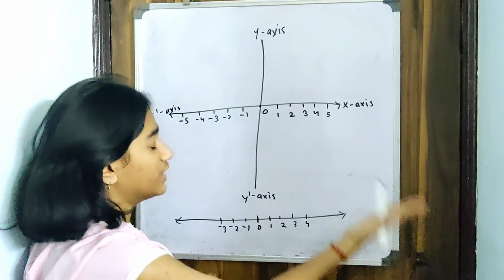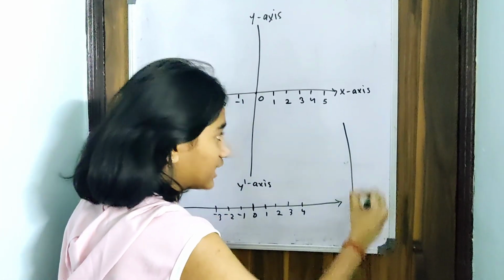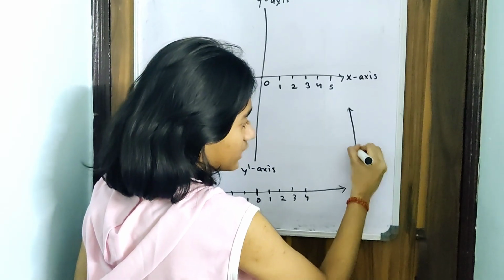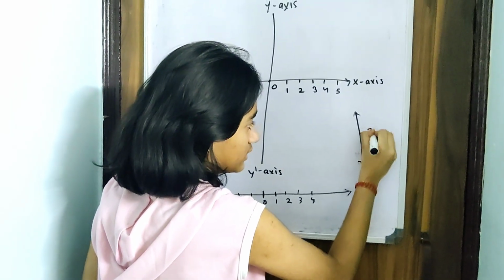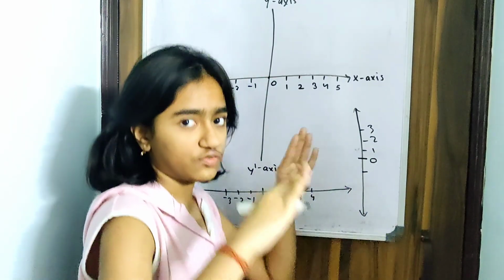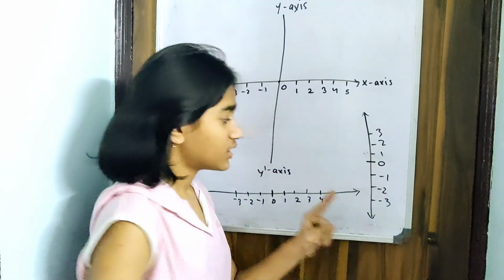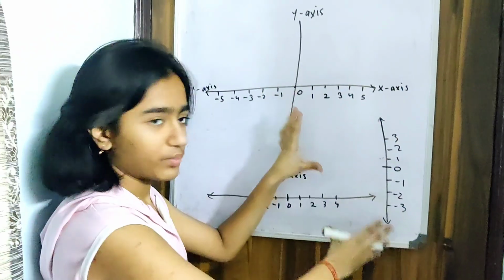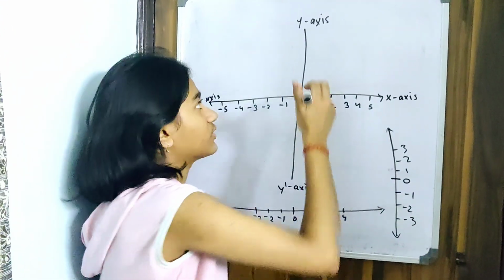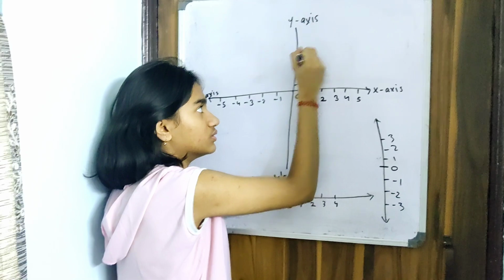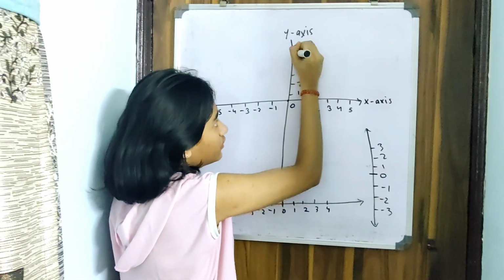If we turn it and make it a vertical line, then the same will be followed. Here in the middle it will be 0, then 1, 2, 3, and if you go down, it will be minus 1, minus 2, minus 3. Same idea we are going to use here also. So it will be 1, 2, 3, 4, 5.